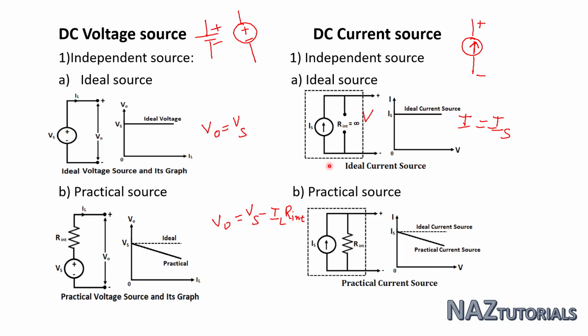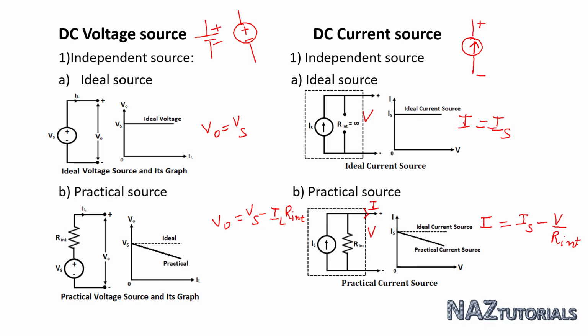Now come to the current source. If you see the current source, it has output voltage V and output current I. So now the final value of I will be Is minus V divided by R internal.